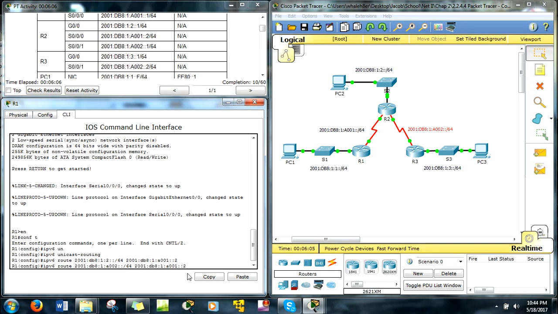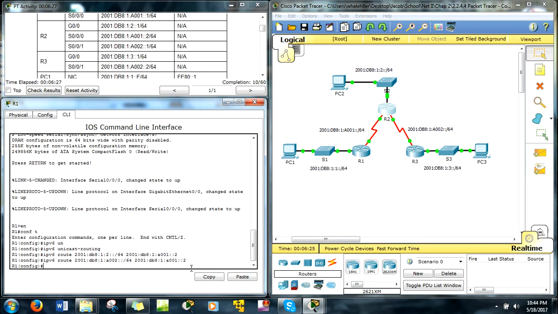And do we use the same slash notation? Yes, we do. What about the next hop router? If we're on R1 and we have to get to this network, R2 is going to be our next hop interface right there, which is the same. So we're just going to press enter, and we're going to get another 10 points, hopefully.